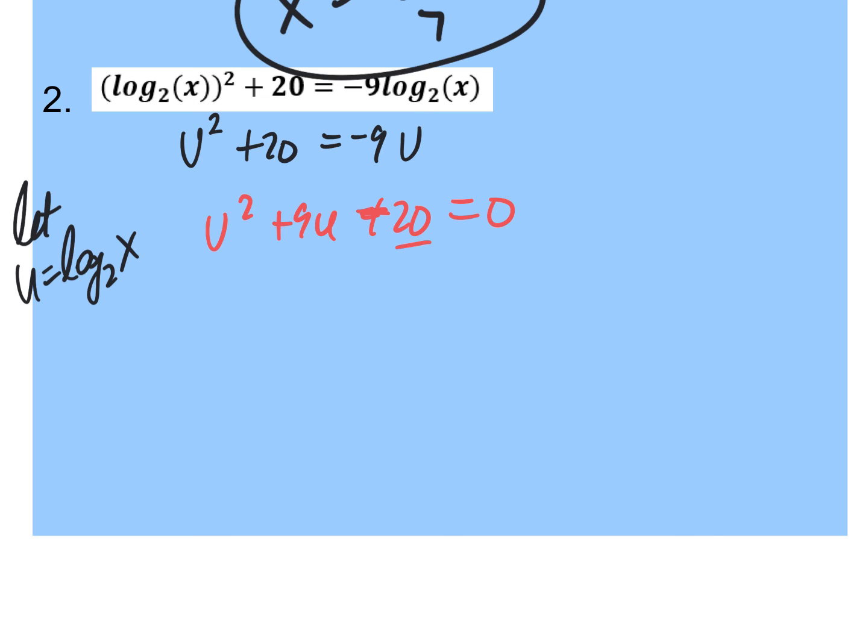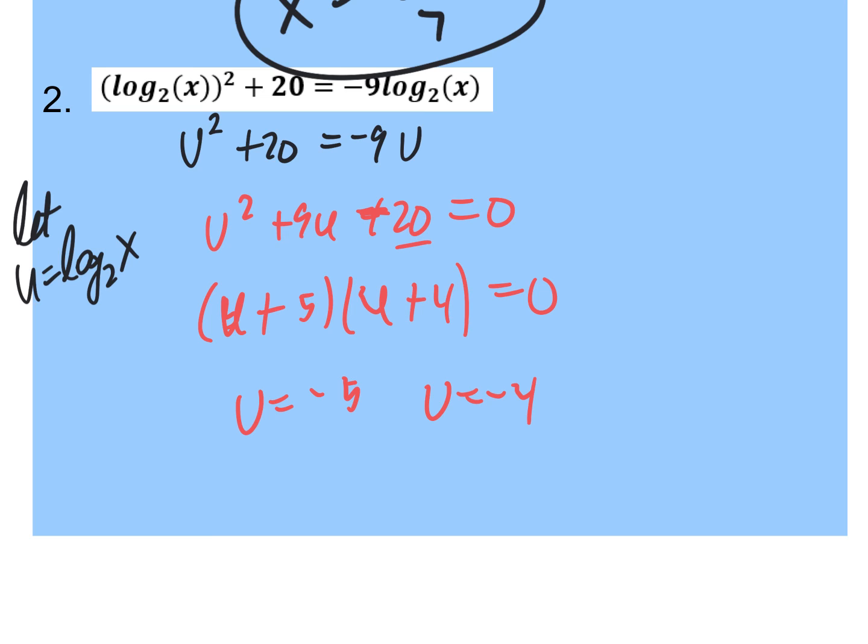And then I'm thinking 5 times 4 makes 20, and that'll also make a 9. So let's go u plus 5 and u plus 4. And u equals negative 5 and u equals negative 4. And you aren't done until you replace the u with log base 2 of x. You might have thought there's negatives, so it's not going to work.